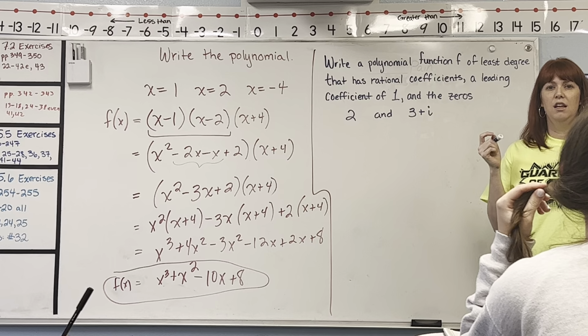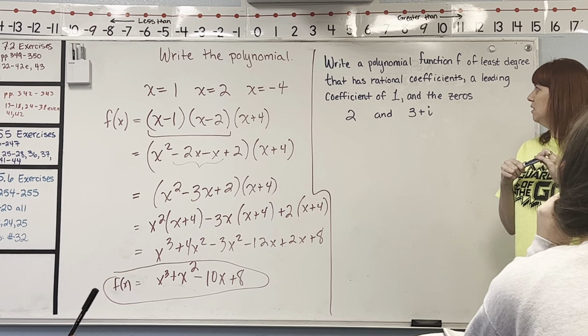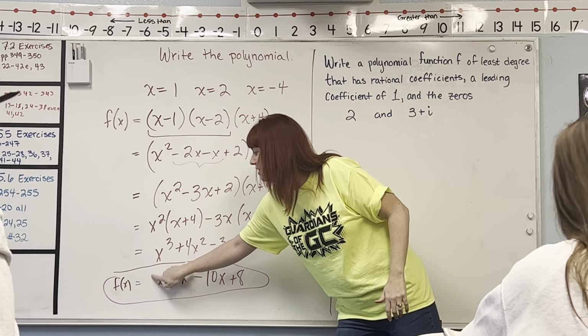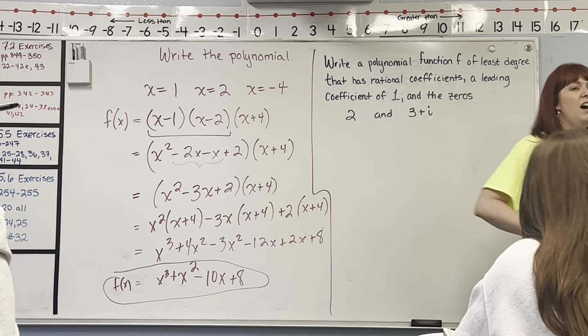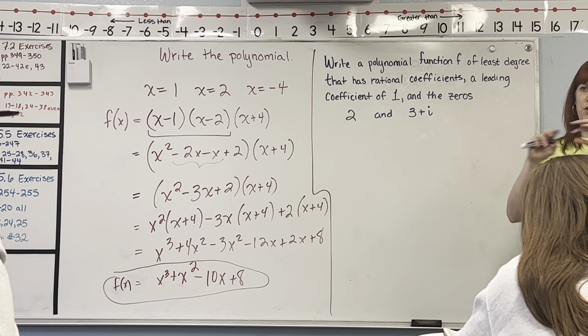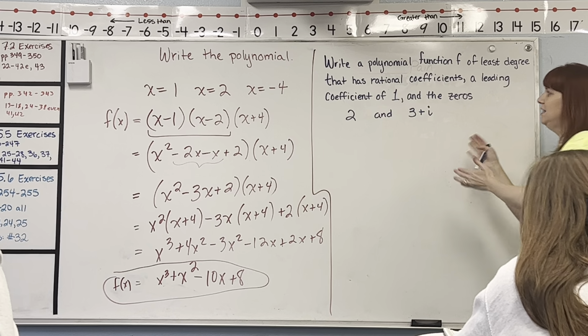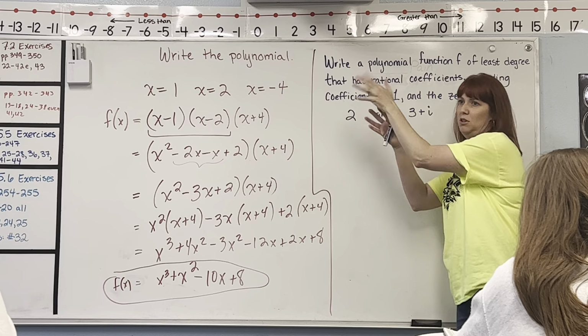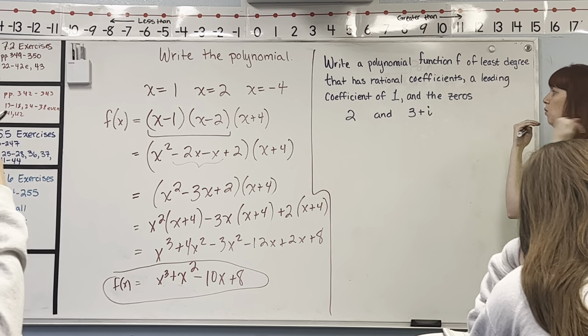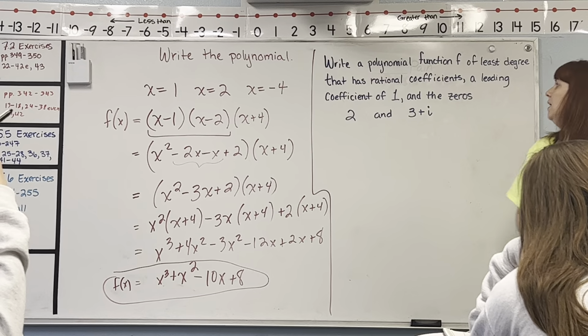Leading coefficient of 1 means that the number in front of this is 1. So this is how they're going to word it because they just don't want you to add anything extra, and they had to put all of it because there are ways that these could be solutions or we could make it much more complicated. This is just saying I want the simplest version where these could be solutions, okay?